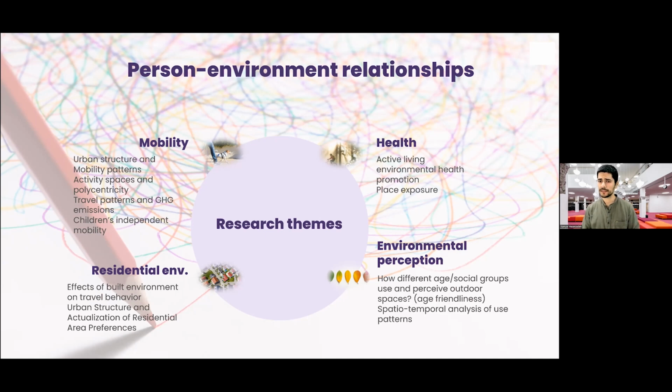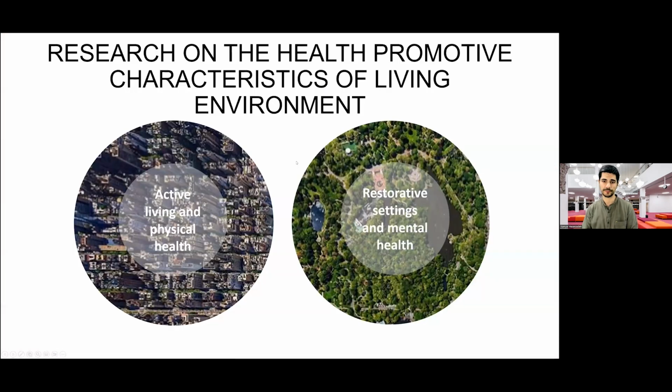We have looked at health, active living, for example, how people's exposure to different kinds of areas can affect their perceived health and well-being. We have looked at environmental perception, how people perceive and experience different kinds of urban structure.